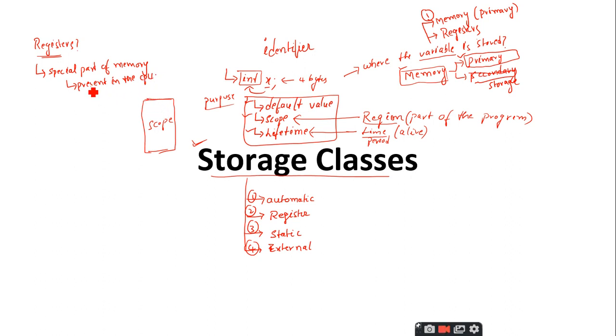So what is the purpose of these registers? Since the registers are maintained in the CPU itself, whenever you access the contents from these registers, you will be accessing them in a faster manner when compared to accessing the values from the main memory.